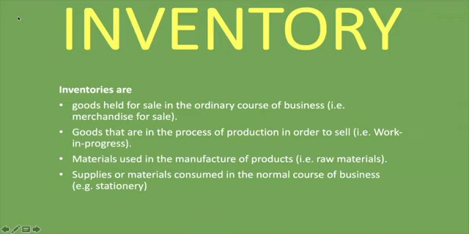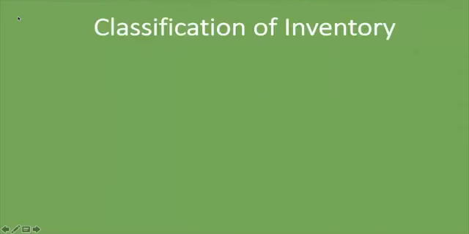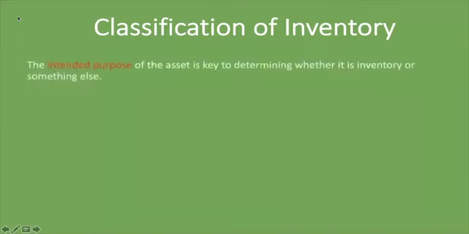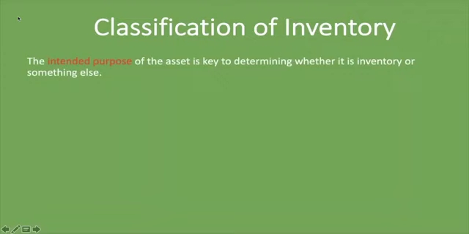Now that we know what inventory is, let's look at the classification of inventory, which is very key to understanding inventory well. The intended purpose of the asset is key to determining whether it is inventory or something else. And that is very important. What is the intended purpose of the asset that you have?